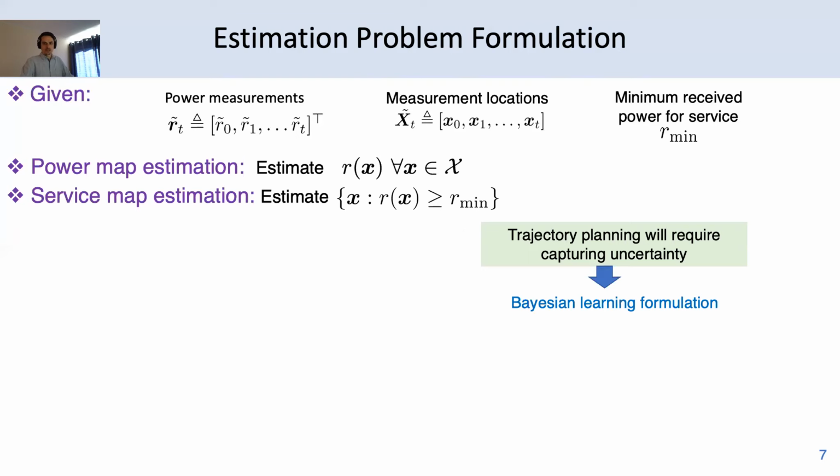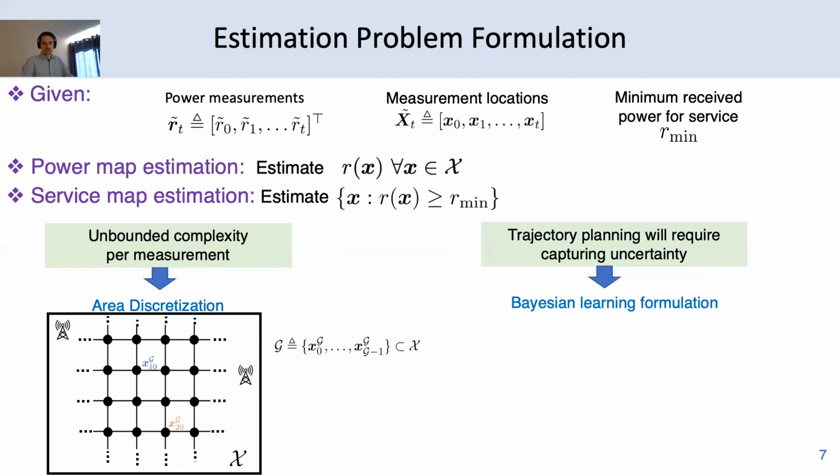And the most natural approach is to adopt a Bayesian learning perspective. However, it can be shown that the MMSE map estimators for these problems would incur unbounded complexity per measurement, and thus they are not suitable for an online operation as required here, right?